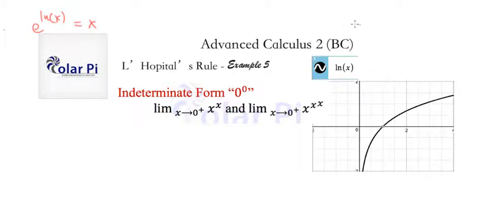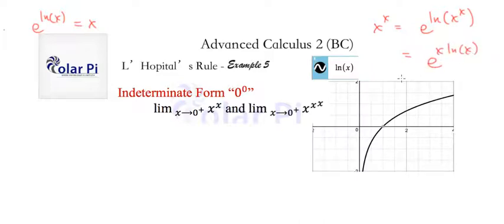Using this property of e and ln composition, we can write that x to the x power is the same thing as e to the ln of x to the x power, which in turn we can write as e to the x times ln of x.